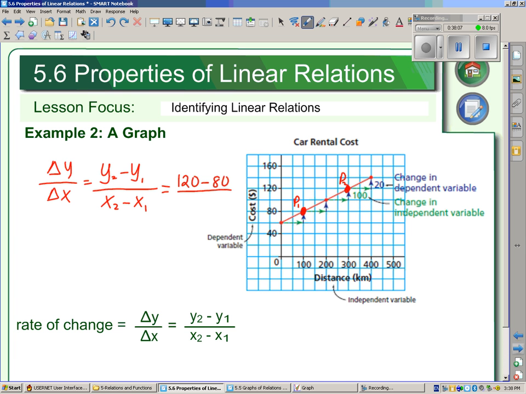So 120 subtract 80. The x coordinate for point 2 is 300. The x coordinate for point 1 is 100. So this would be 300 minus 100. So this gives me 40 over 200, which is 0.2.